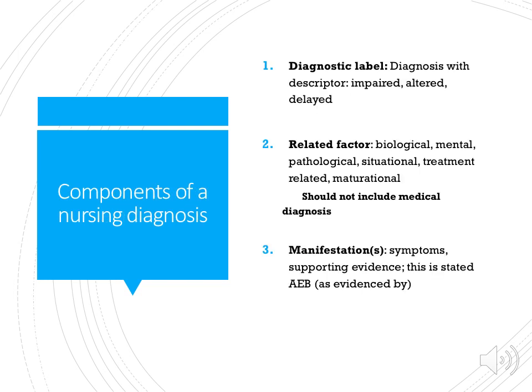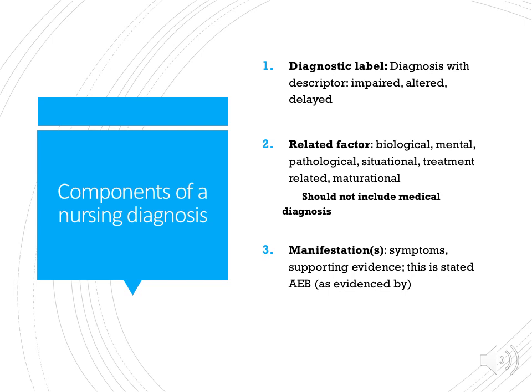So the nursing diagnosis has three main factors to it. First, what that diagnosis is: the diagnosis with a description, impaired, altered, or delayed, that sets it up. And then after that, it's going to be related to. So, what is causing it? And this should not include the medical diagnosis that's causing it.